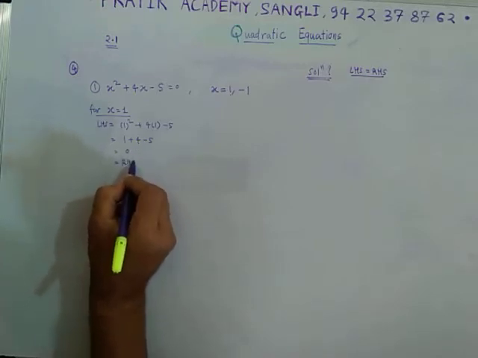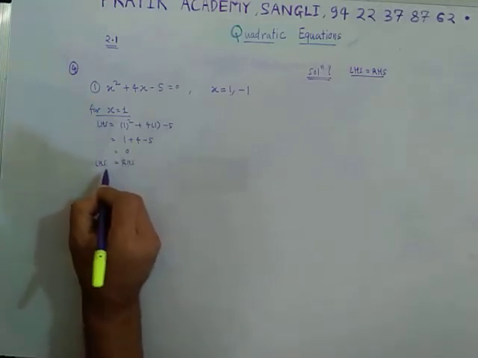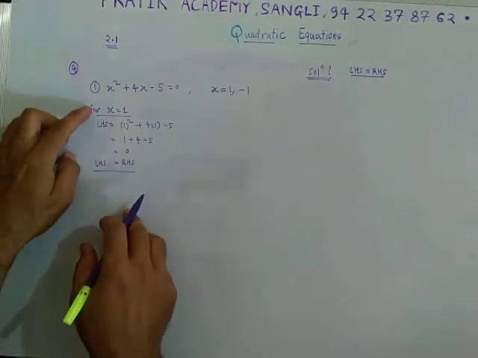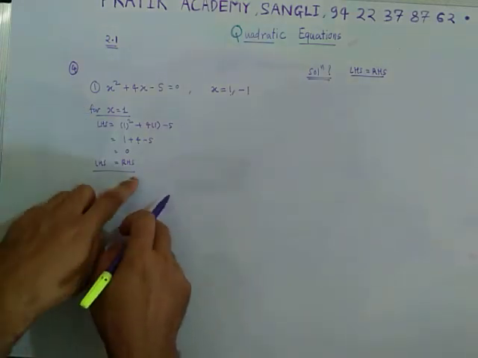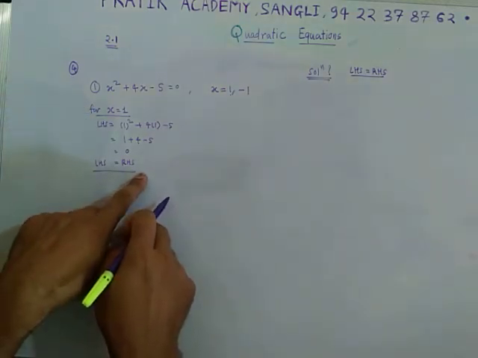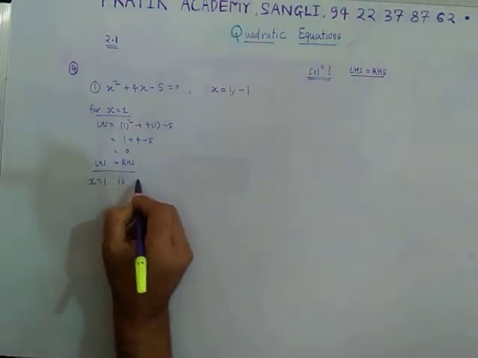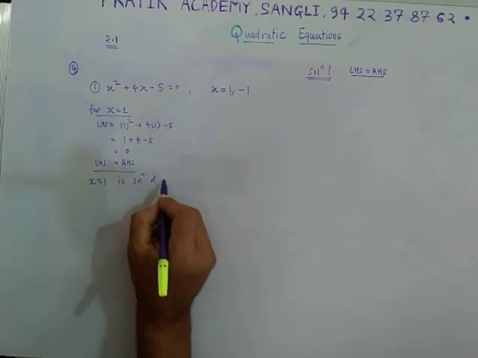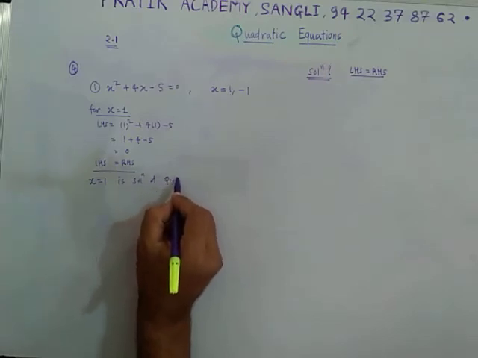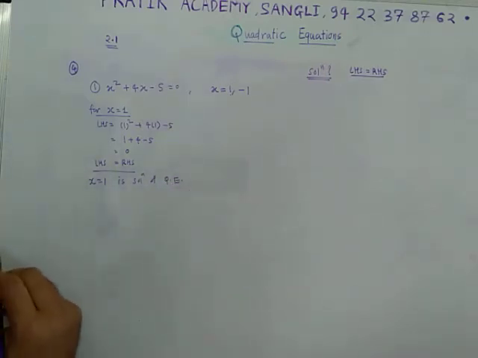So this will be equal to RHS. So for x = 1, LHS is equal to RHS, so x = 1 is a solution of the given quadratic equation.